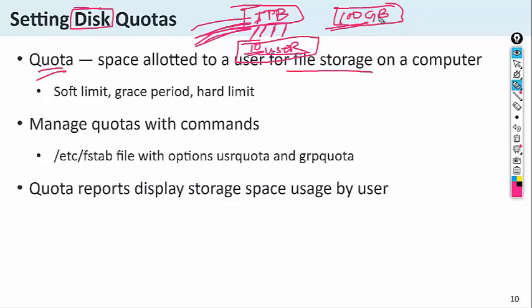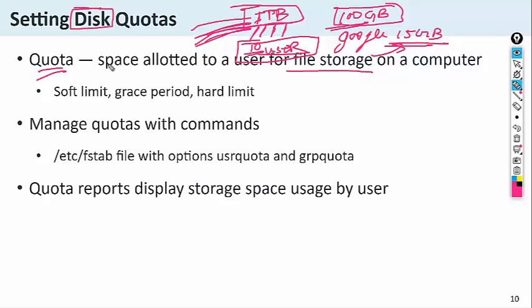Another example of data quotas: when you are using Google Drive, you get 15 GB of space where you can store your files.